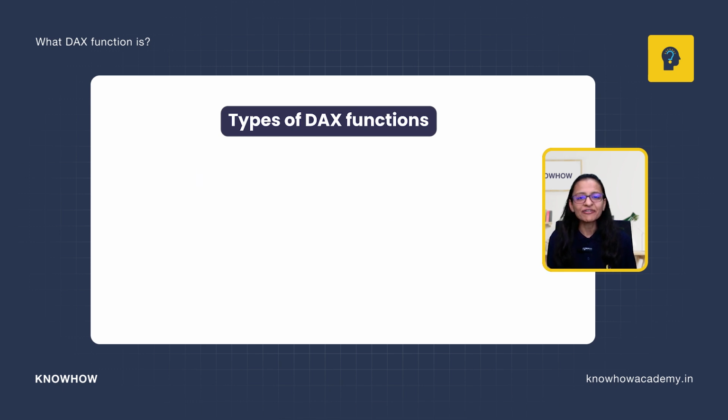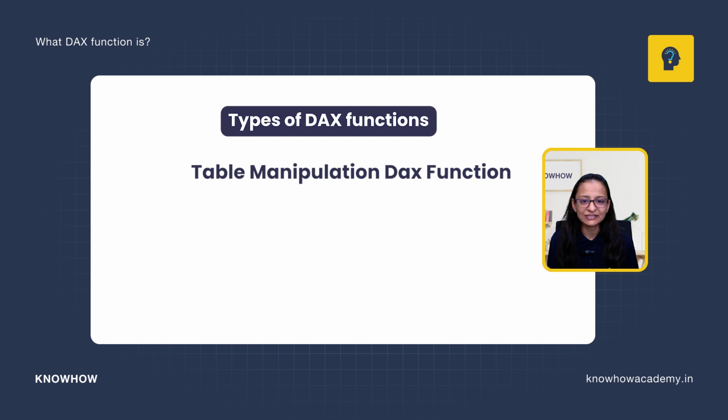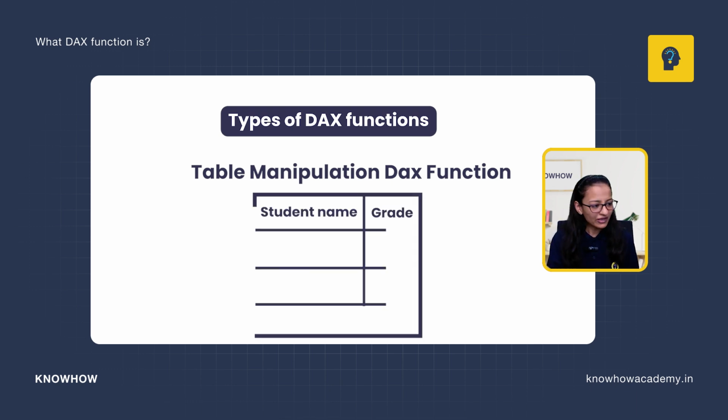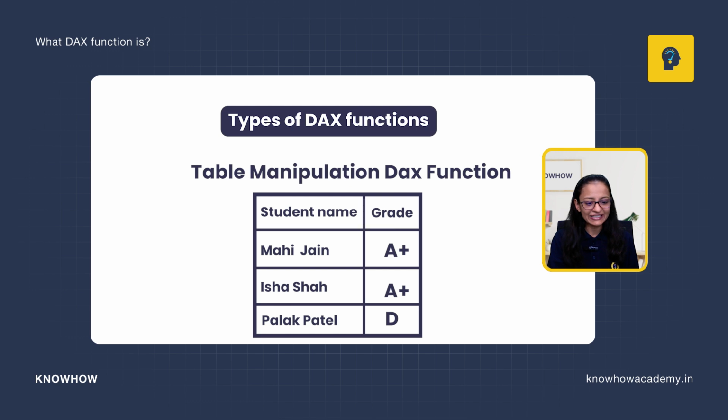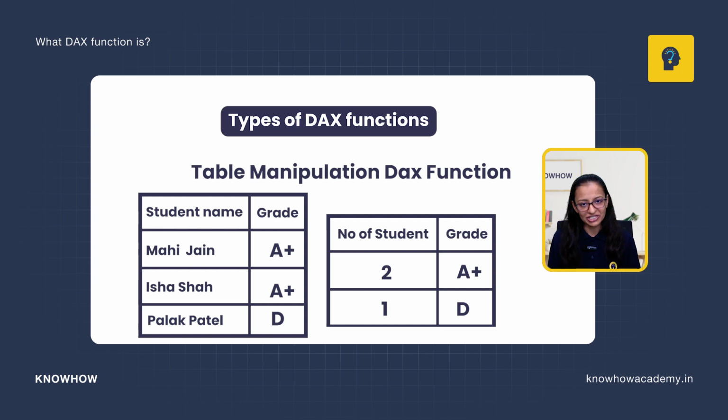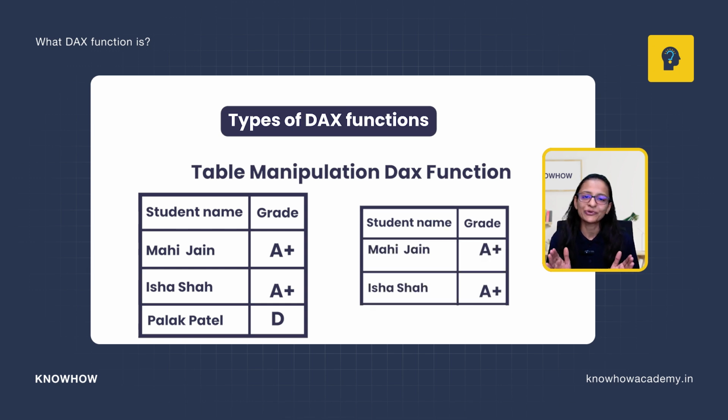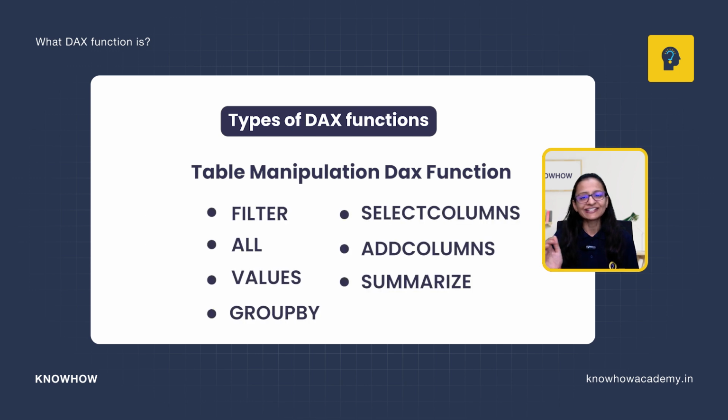The next DAX function is the table value DAX function. So let me tell you using a scenario. You have a set of data like that, and from the data you want to generate a new table which will summarize this information. At that time you can use a table value DAX function. Here are examples of table value DAX functions.